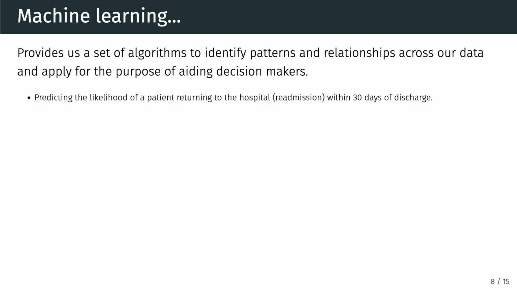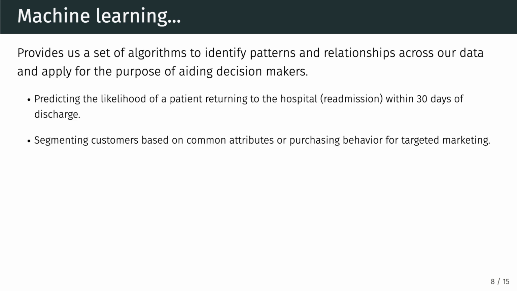Right, so examples can include using information on patients to predict the likelihood of a patient returning to the hospital, which we call readmission. We may also want to ask the question of, is it possible to segment our customers based on common attributes or purchasing behavior so that we can do targeted marketing?